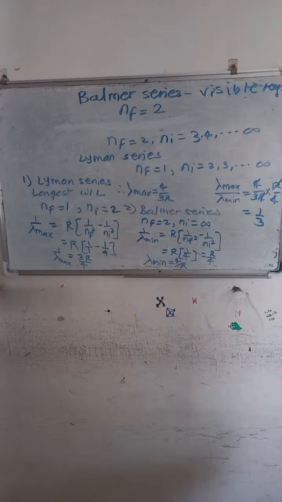I will repeat this: calculate the de Broglie wavelength of the electron orbiting in n equal to 2 state of the H atom.